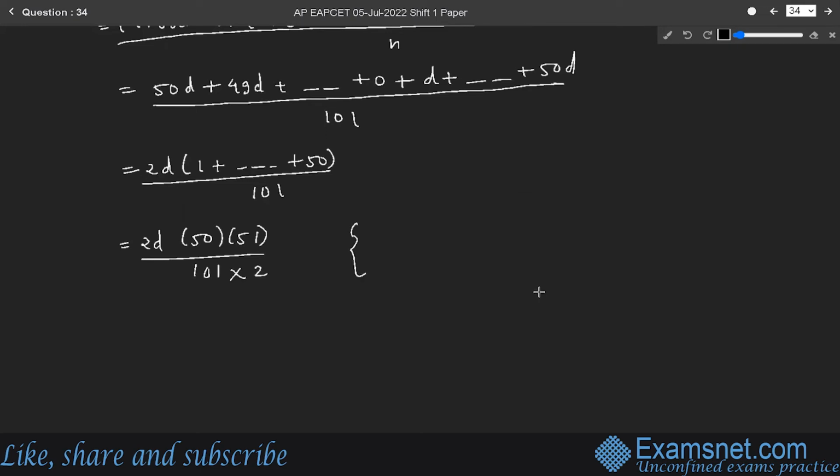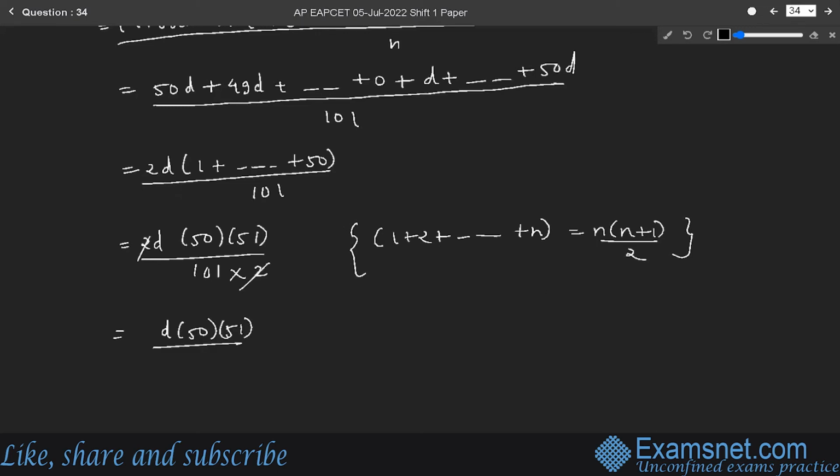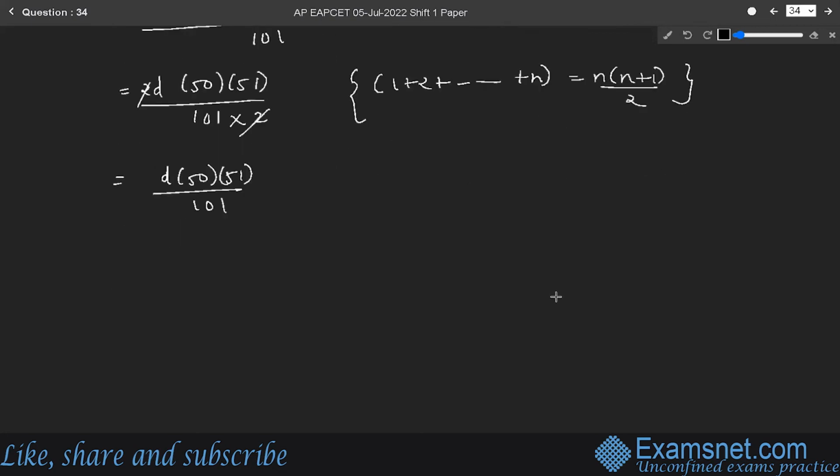We know that 1 plus 2 plus so on plus n is equal to n into n plus 1 divided by 2. So this 2 and 2 will be cancelled. So d into 50 into 51 divided by 101. In the question, the value of mean deviation is given, which is 255.